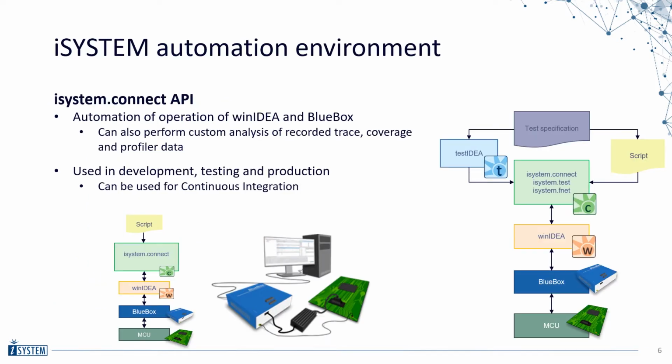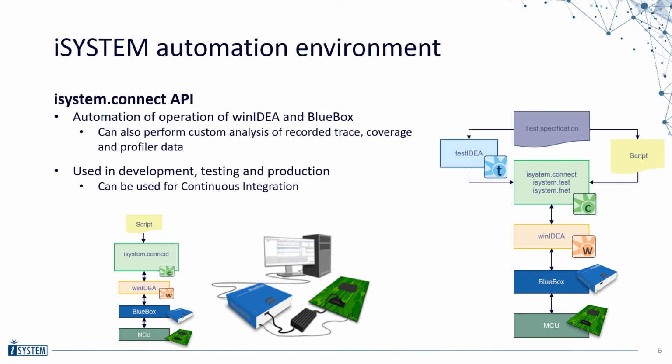A real target CPU is always used with the iSystem automation setup. A target is connected with a debug and sometimes with an optional trace cable to the iSystem debugger. WinIdea, that is a debugging IDE, contains the session configuration used by an automation script.